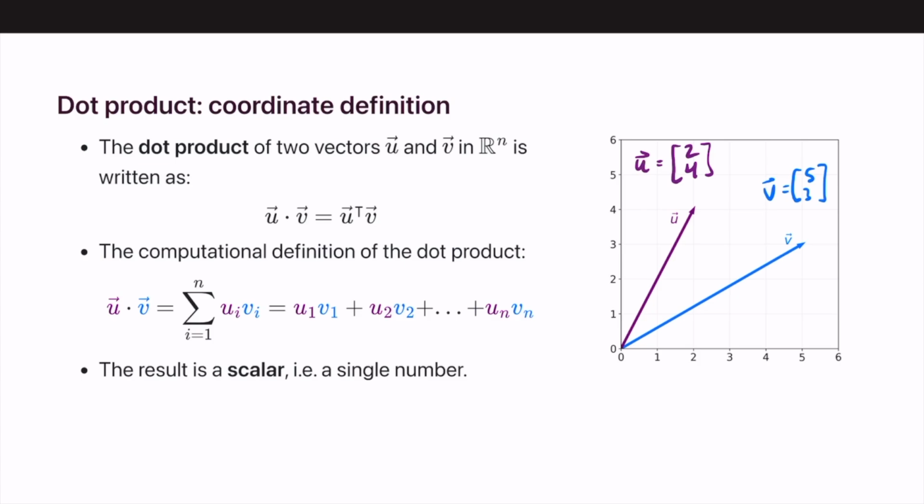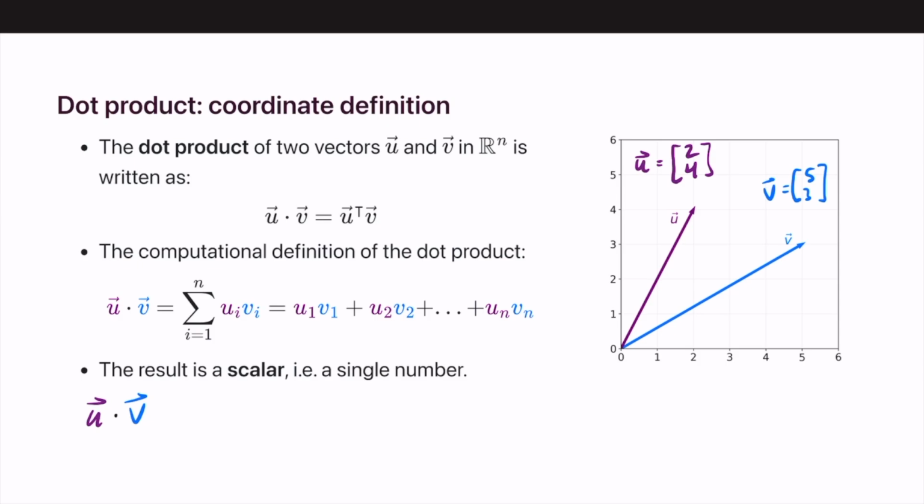But the strict computational definition of it: let's just write it out, and that'll be more clear before we go into the transpose version. Okay, let's use these same colors. So we have u times v, and that's going to give us 2 times 5. So u sub i times v sub i.